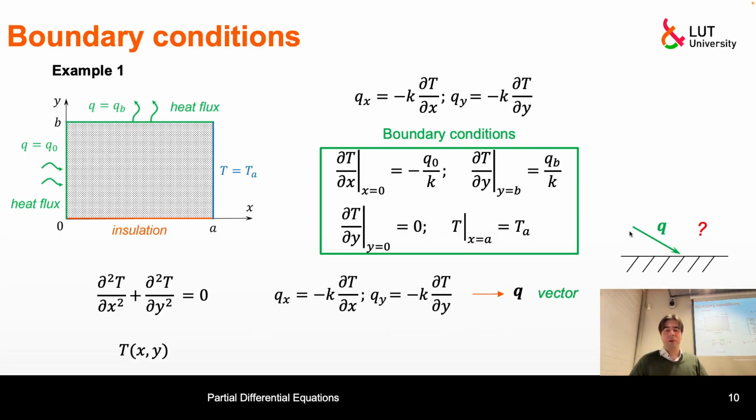So what do you think about heat flux being a vector? There is some direction involved, and do you think this type of situation is possible, where I have a face and I have this fixed heat flux coming at a certain angle inclined to that face?